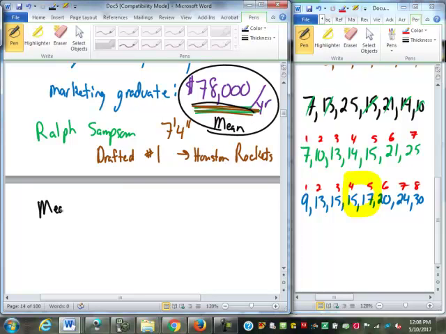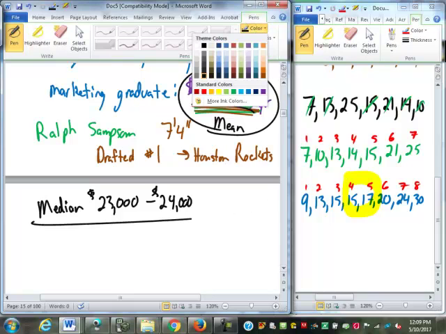The median was between $23,000 and $24,000. Quite a bit different from $78,000. So the median is considered to be, like I said, more stable. It's not affected by outliers as much as the mean is.